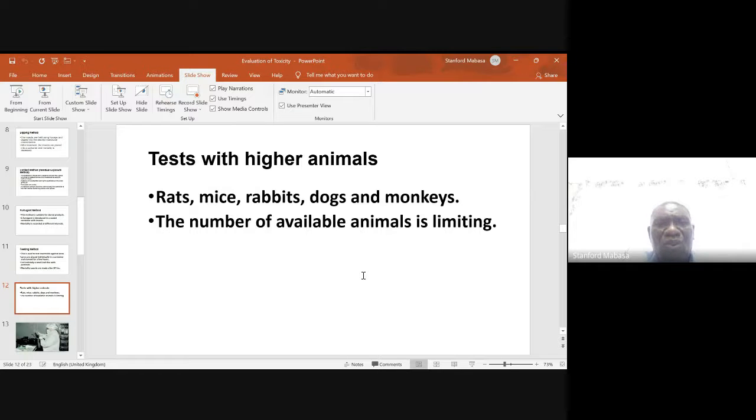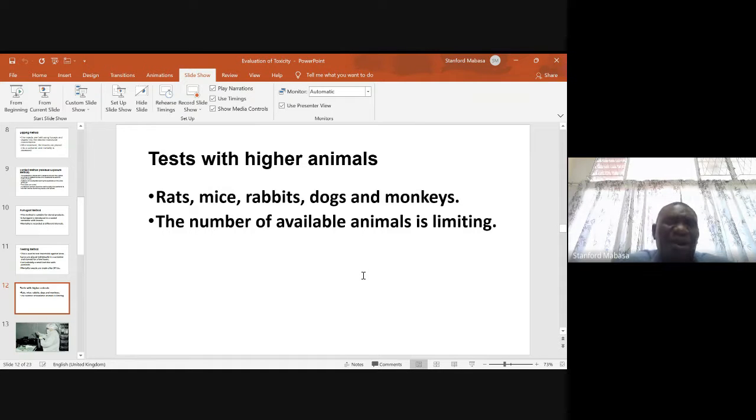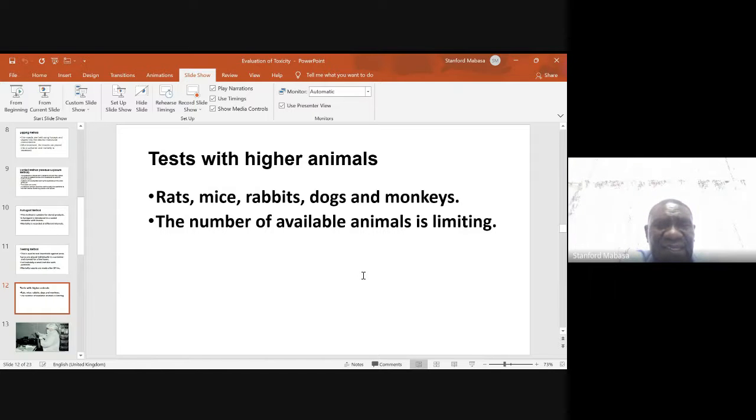Now, what I have been talking about applies to insects, insect pests. Now, that kind of data may only help you when you are evaluating the effectiveness of pesticides in killing the insects.